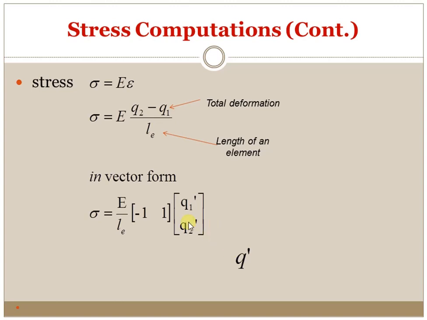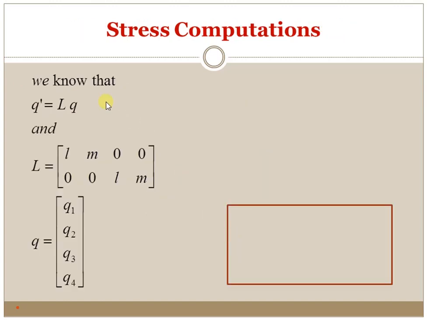So Q dash is a vector in vector form, Q1 dash, Q2 dash. We know that Q dash is equal to L into Q, as we discussed in previous slides, and L is known: [L M 0 0; 0 0 L M]. Q is also known, it is in global coordinates Q1, Q2, Q3 and Q4.